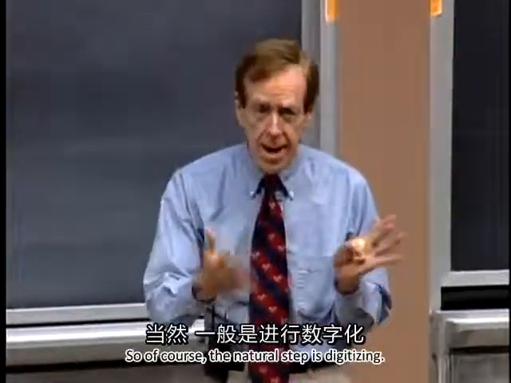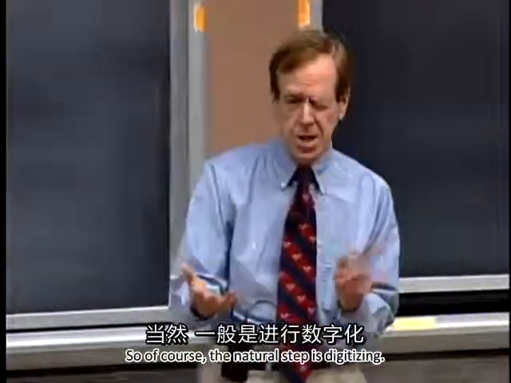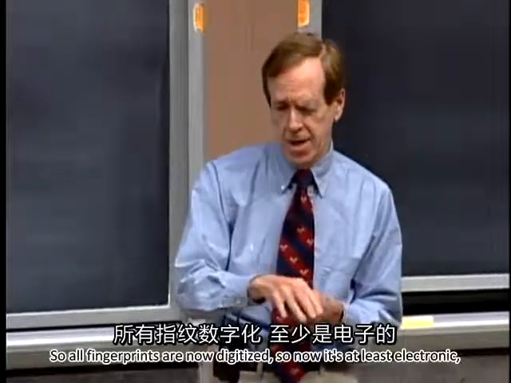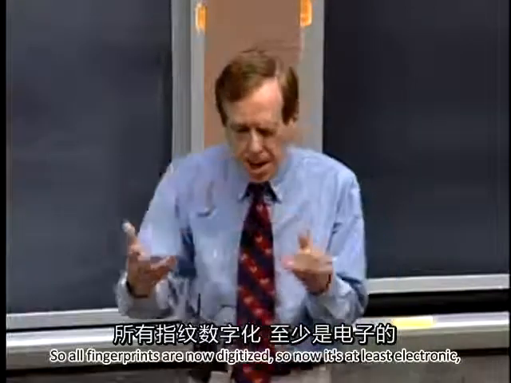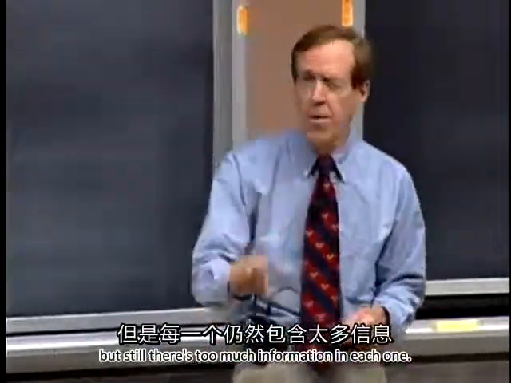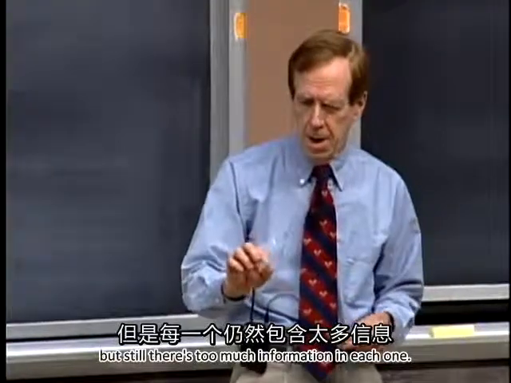So, of course, the natural step is digitize them. So all fingerprints are now digitized. So now it's at least electronic, but still there's too much information in each one.